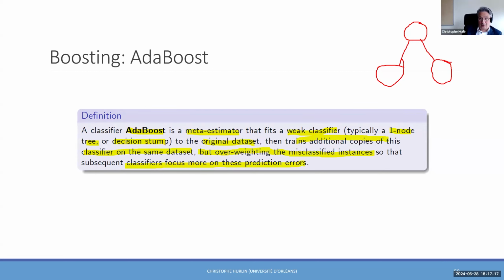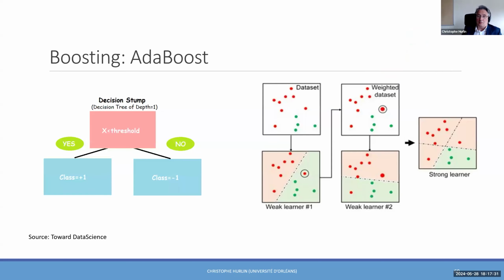So I have a decision stump, then it made some error, then I will train another decision stump with a focus on the misclassification errors made by the first model.